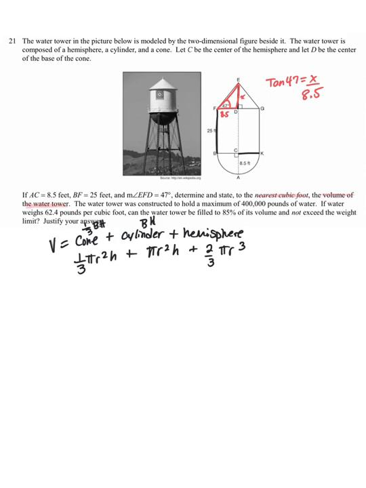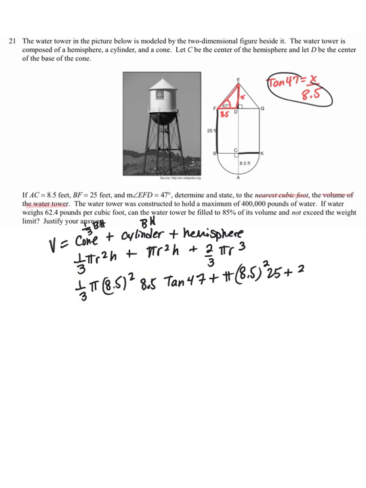Now, you can type it in, but we really don't have to. I can just go like this, 1/3 pi r squared times my height. My height, I just use my cross product here. 8.5 times tangent of 47 plus pi times r squared times the height of the cylinder, which is 25.